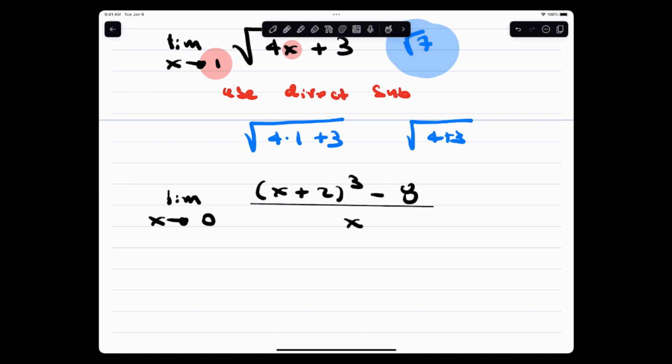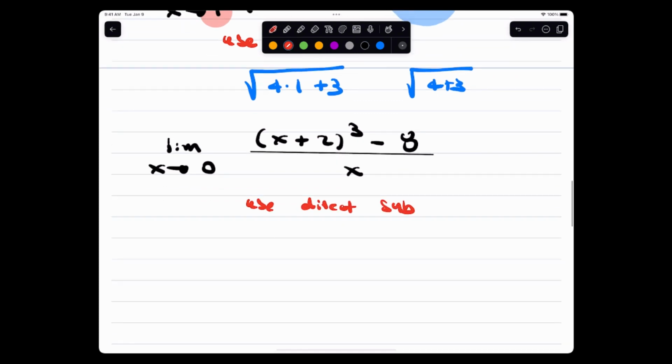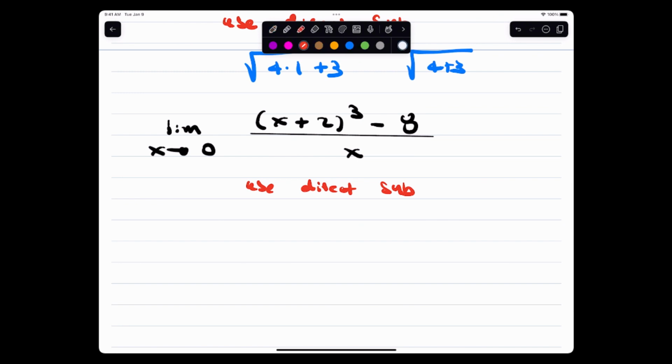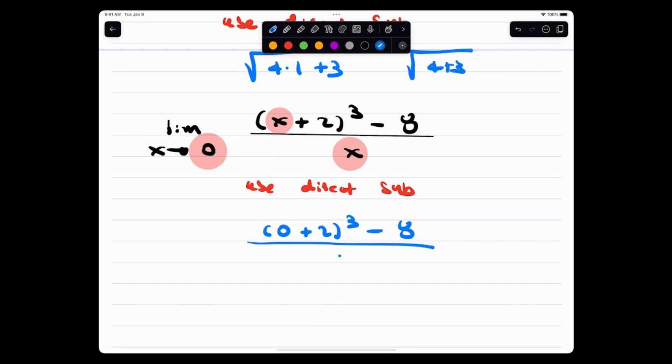Since we're using that direct sub, what's the story here? Wherever there's an x, you're going to plug in 0. So you say, okay, this is by direct sub. We get 0 plus 2 cubed minus 8 over 0, which means I get 2 cubed minus 8 over 0.